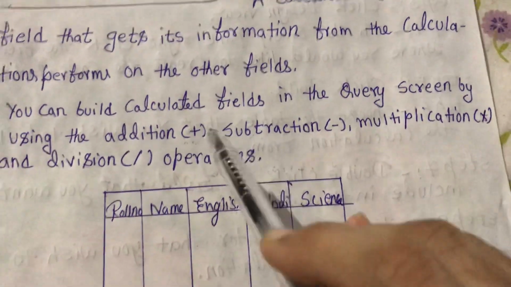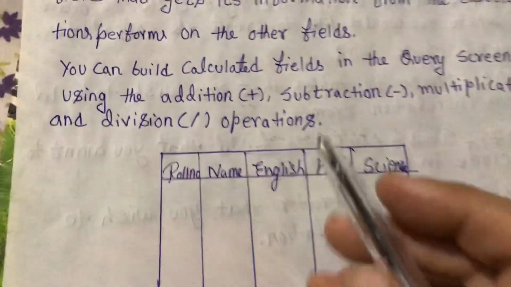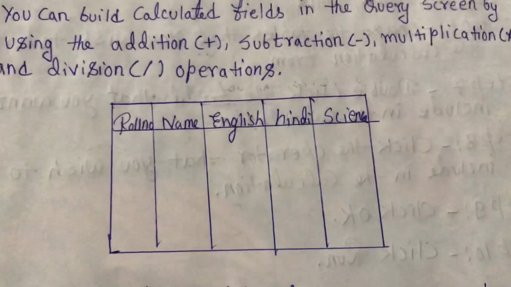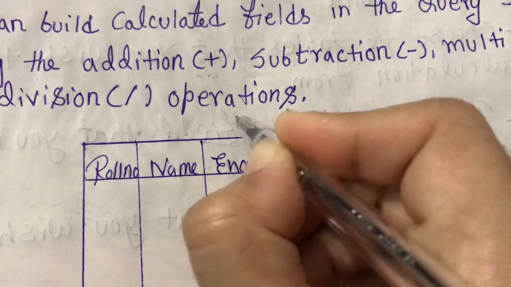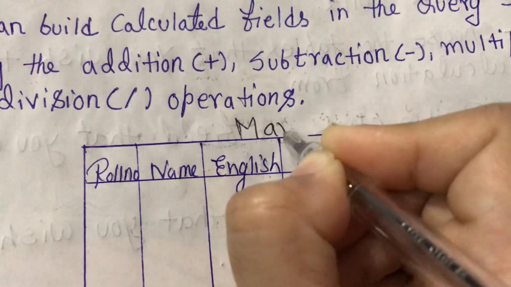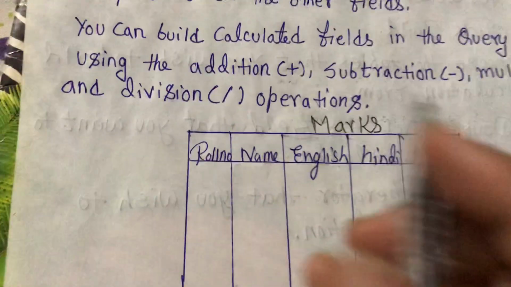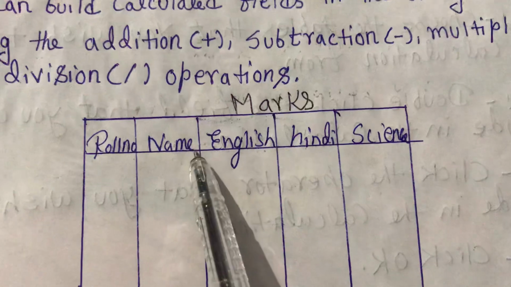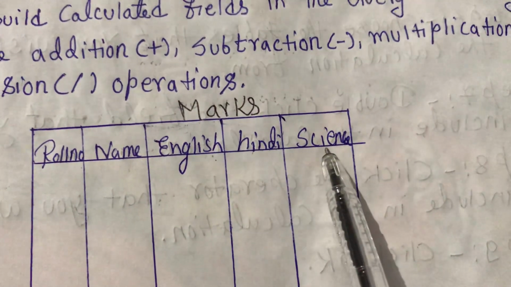Suppose that you have a table. I'm giving you one example, that is marks. In this table there are the fields roll number, name, and marks of English, Hindi and science.